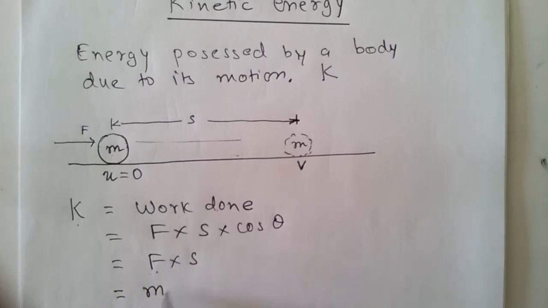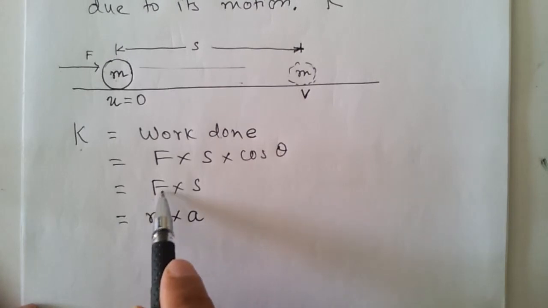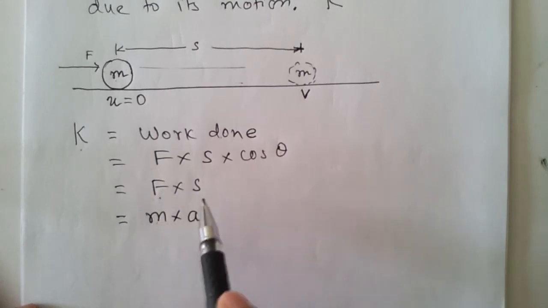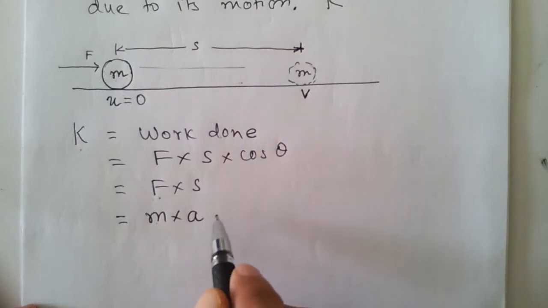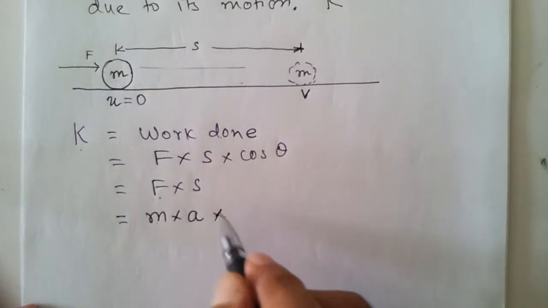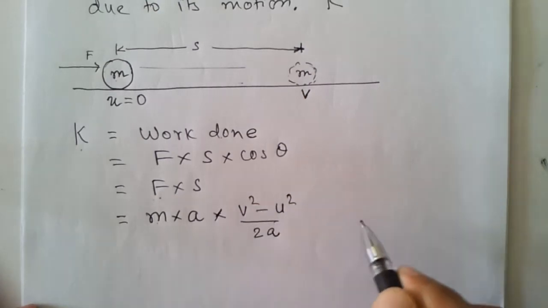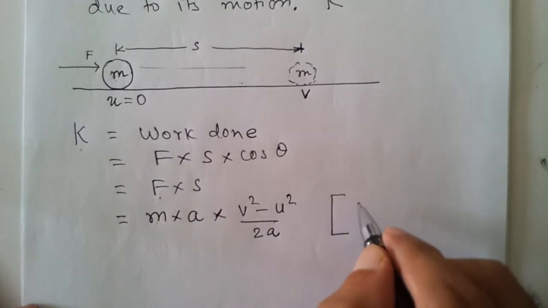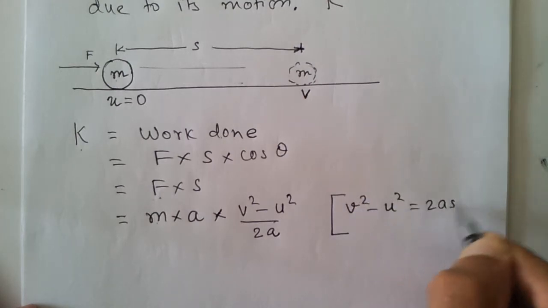Force is mass into acceleration, right? From Newton's second law of motion, the force applied is equal to the mass of the body into the acceleration. And distance can be taken as v square minus u square upon 2a. From where did I get this? We know that v square minus u square is equal to 2as, right?